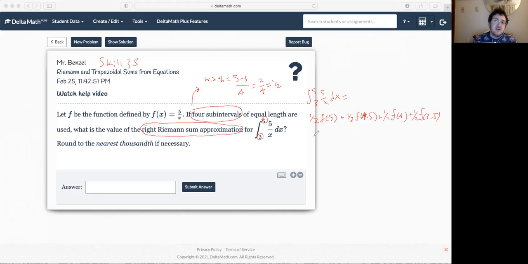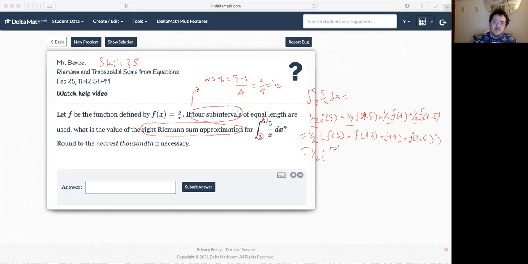Now, if you want a shortcut for these rectangular approximations, since all of them have 1/2, you can just take out the 1/2 and add f of 5 plus f of 4.5 plus f of 4 plus f of 3.5. I even like to convert this from f notation into the function itself.